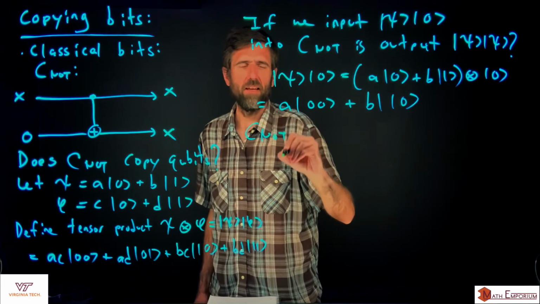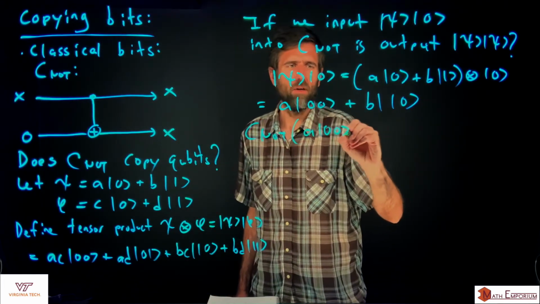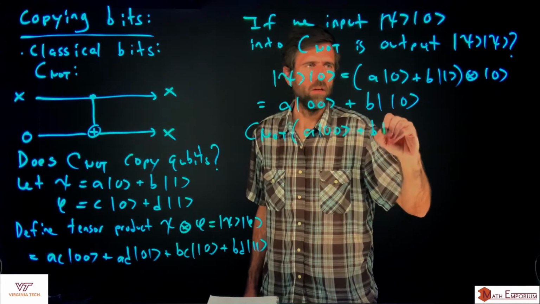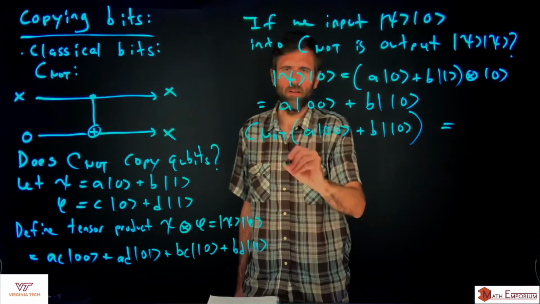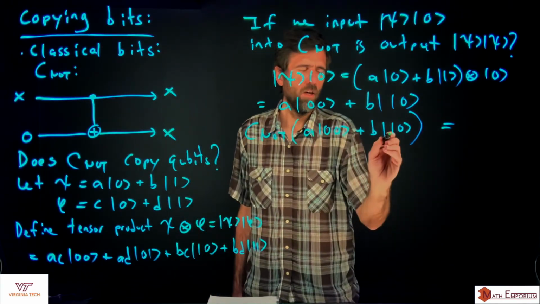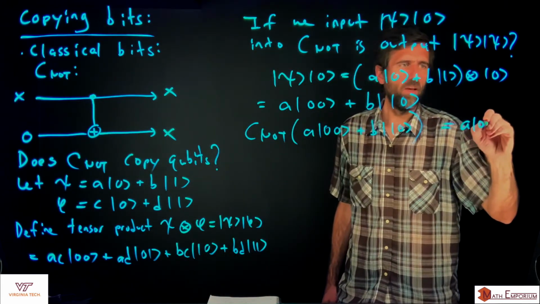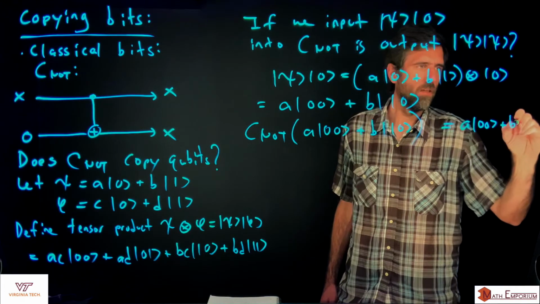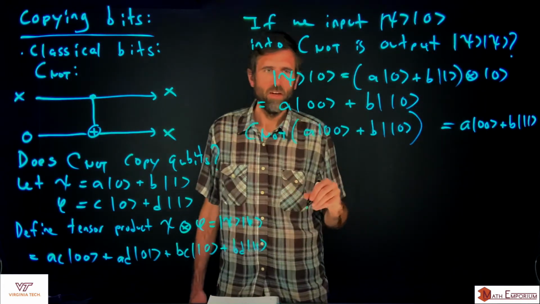And what if we apply CNOT to this? Remember, all gates are linear, so I can just distribute here. We know CNOT does nothing to 00, but 10 it flips to 11. So this will be A00 plus B11.